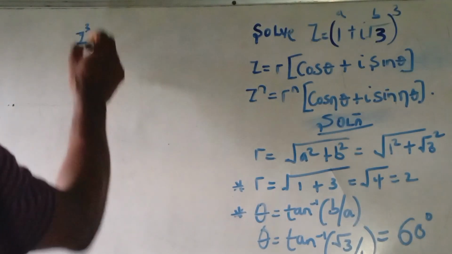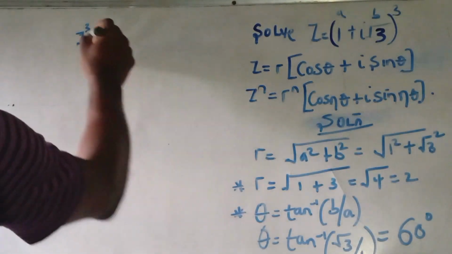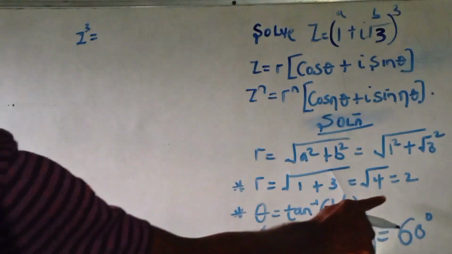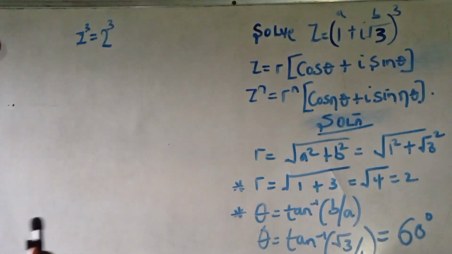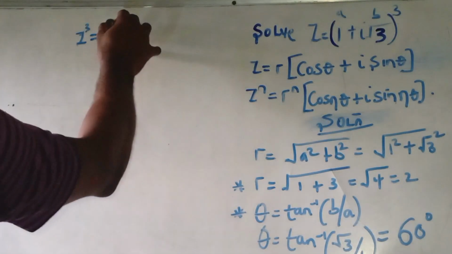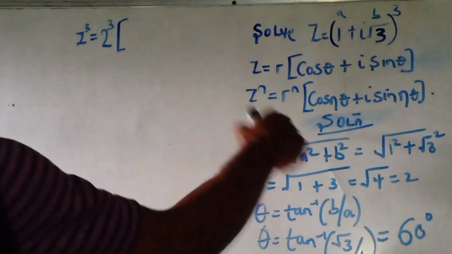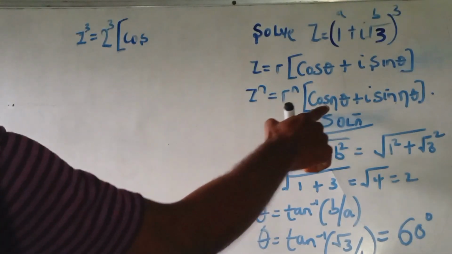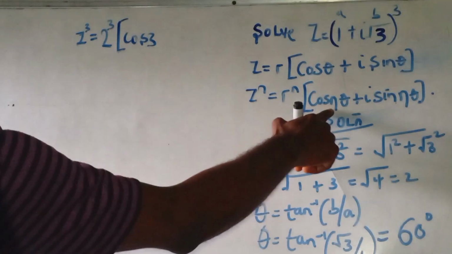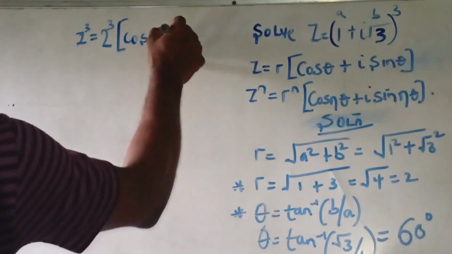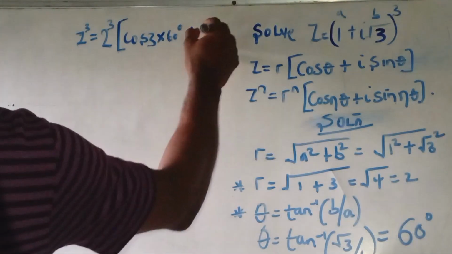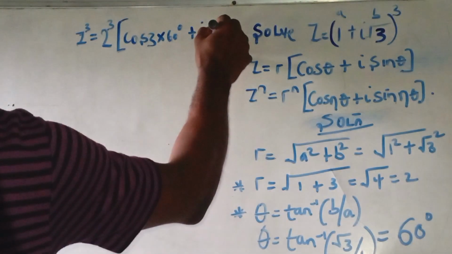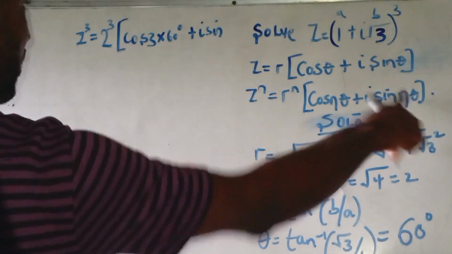z raised to power 3, have you seen now? z raised to power n, that is 3, is equal to, my r is 2 raised to power 3. That is n, r raised to power n. Then bracket open, or if you want to use parentheses, there's nothing wrong, into cos of n, which is 3 times 60 degrees, plus i sine, the same thing, 3 times 60.